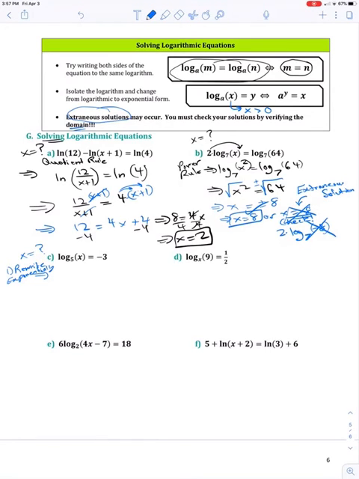With that said, I want to know what x is. We're going to convert it, rewrite it exponentially using our definition. So remember, log base a of x equal y implies a to the y equal x. So I want to convert it over. So that implies 5 to the negative 3 power must equal x.